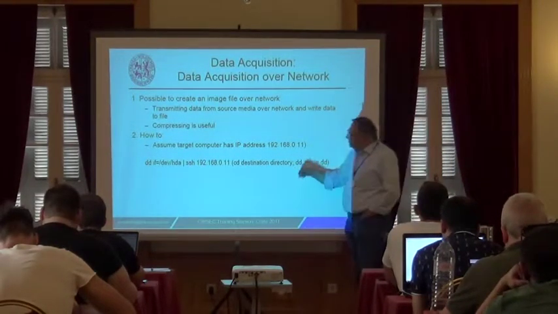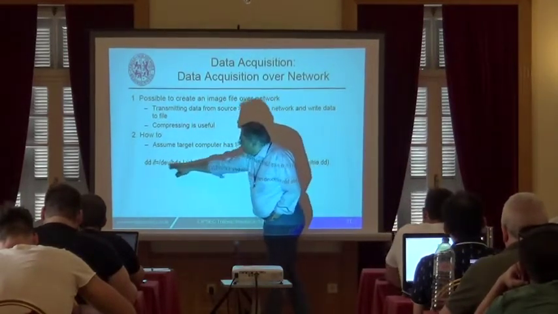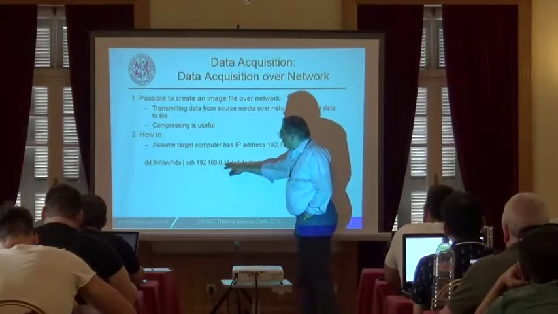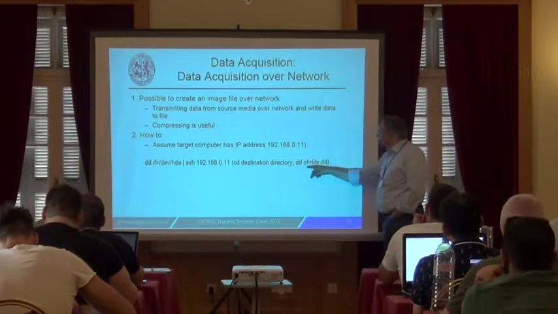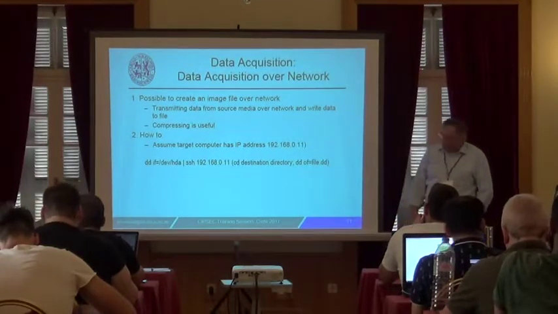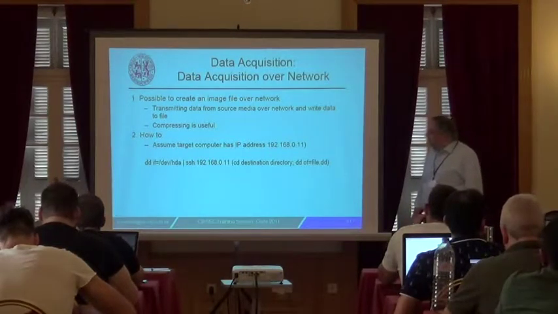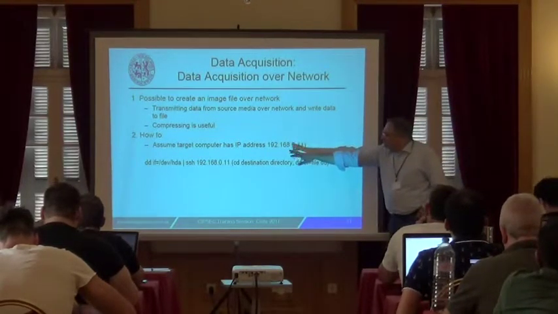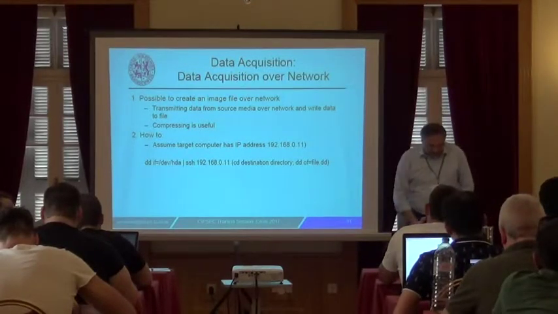So here we are reading from a disk, from /dev/hda, and we pass it through SSH to this machine, where we go to our destination directory and write to file.dd at the other end. And by using appropriate block sizes, we can make this operation faster.